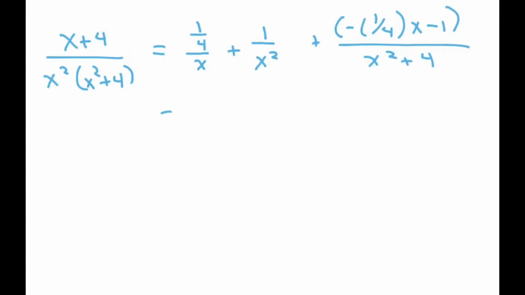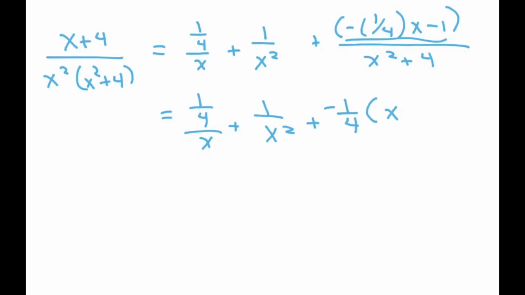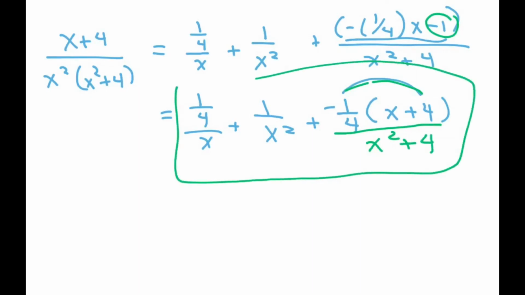What books usually do is they simplify this part a little bit by pulling out the -1/4, and you can write this as x plus 4, because -1/4 times 4 is your -1. Looks just a little bit better. Over x squared plus 4. And that's your final answer. And that's it. Thank you. Have a nice day. Bye-bye.